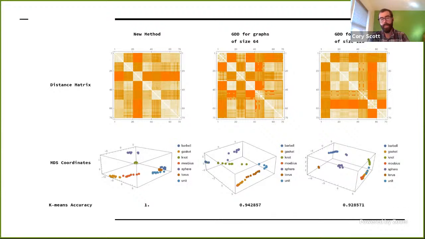You can see at the bottom, compared to other ways of comparing these objects, this method of comparing local neighborhoods to each other and building this coarsened graph has 100% k-means accuracy over a small data set that I constructed that has a bunch of the objects that you've already seen. I have a bunch of these 3D objects, I coarsen them all, I compare all the coarsened representations, and the coarsening method ends up giving us tighter clusters than other graph comparisons between those objects.